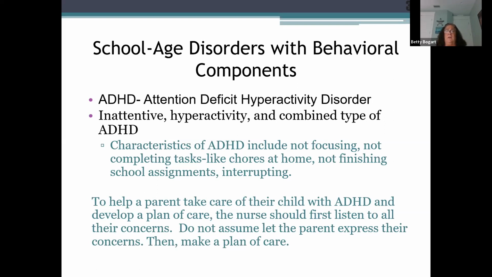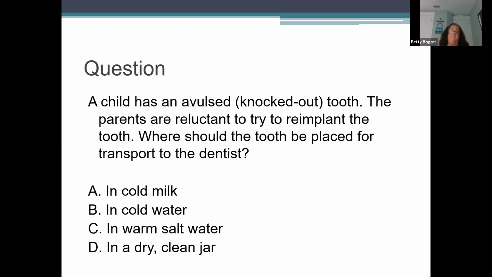The school nurse figures out what's happening and makes an appointment with the family to come in and listen. Now, if you're ever a school nurse, don't assume that these families have done nothing to help their child, because many of them have done so many things first. So the first thing you need to do is listen to everything the family says they have done for the child, and then make a plan to care for that child some more. Some of them have done so much, and you'll be shocked at how much they've already tried.